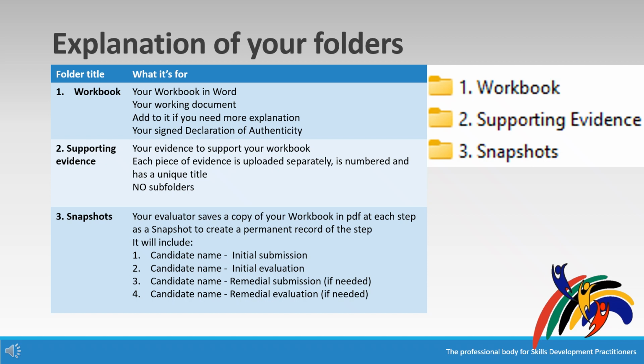And they will then continue and do their evaluation on the additional information that you've included in your workbook. When they're finished, they will save that again as a PDF and give it a unique name, 4.yourname, and remedial evaluation. So you'll be able to see all the way through what has been done on your workbook.